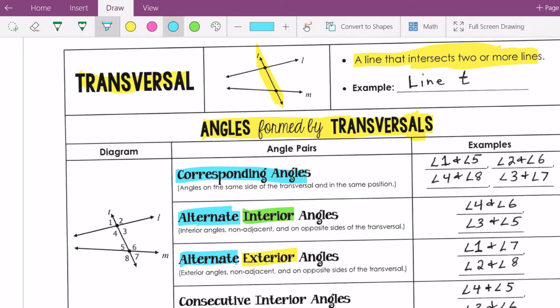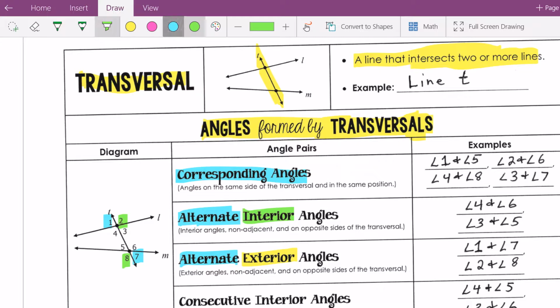If we're looking at this, alternate exterior angles, we'll worry about the angles on the outside, so that would be 1, 2, 8, and 7. The alternate ones would be 1 and 7 because they're on opposite sides, and then 2 and 8 because they're on opposite sides of that transversal. So again, alternate exterior: outside, opposite sides.